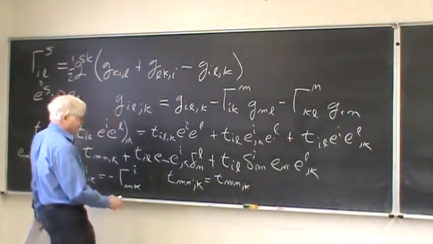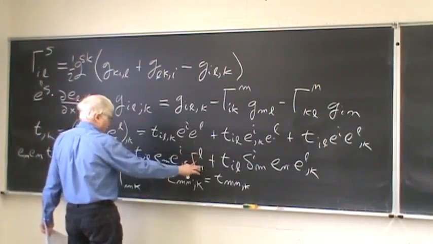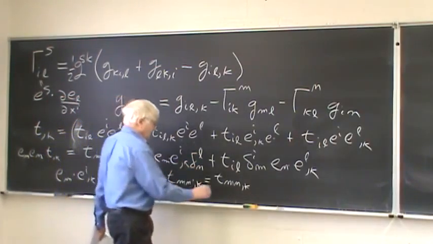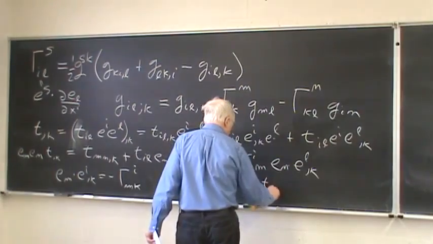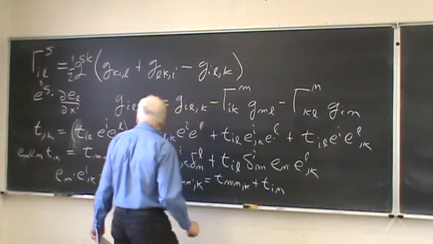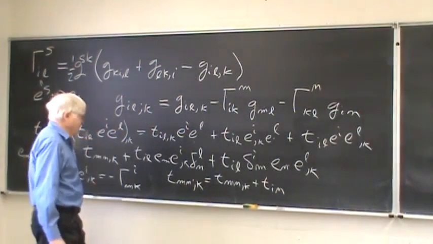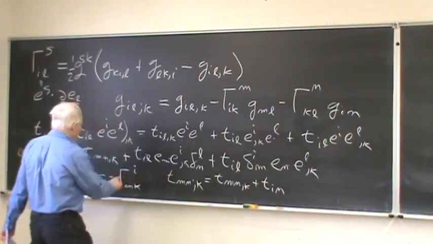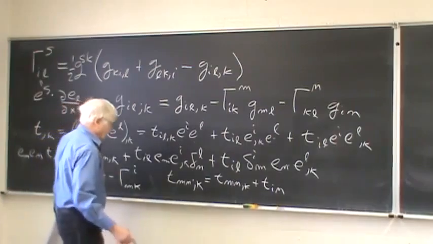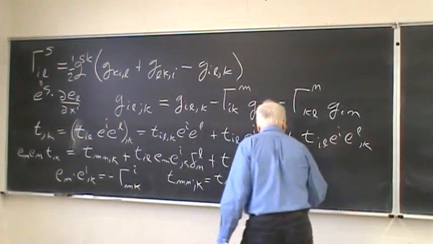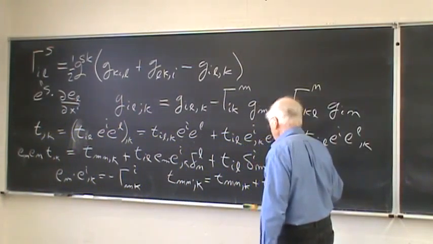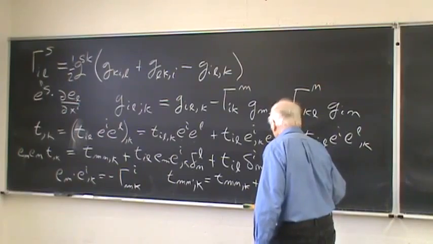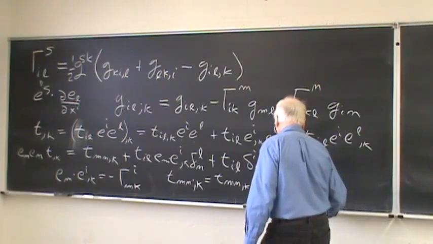Then the next term is delta^l_n, so it's T_{in}, and this thing, e_m dot e^i_{,k}, is minus a gamma, so I'll put this in parentheses: minus gamma^i_{mk}.